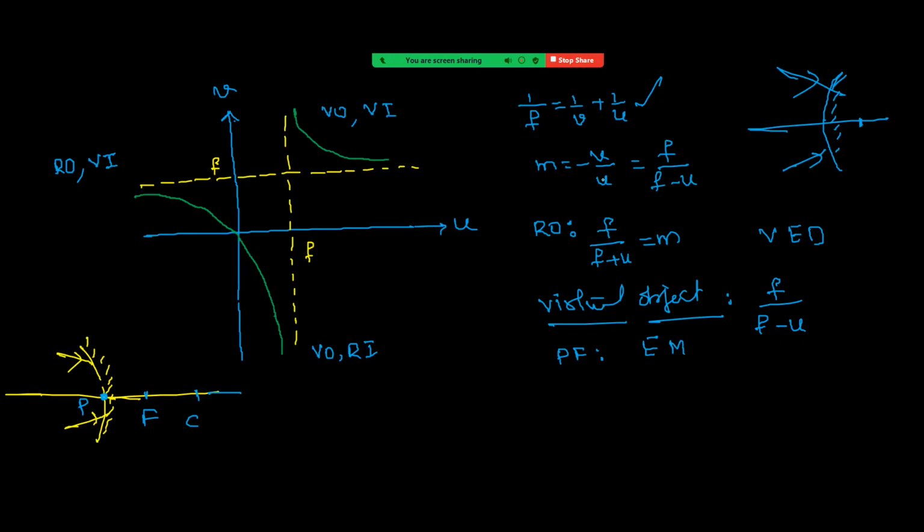Total is positive means minus v by u positive. u positive, total value positive, so v must be negative. v negative means it is real. So real, erect, magnified.